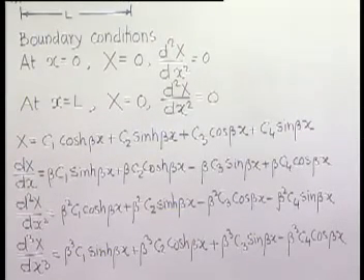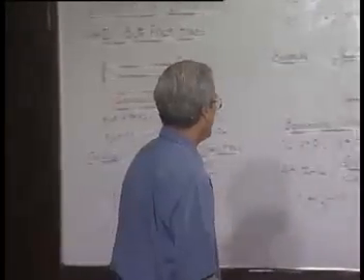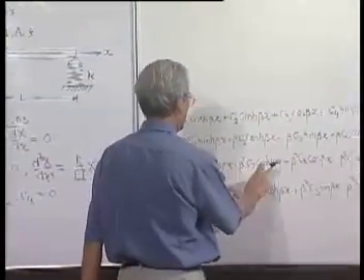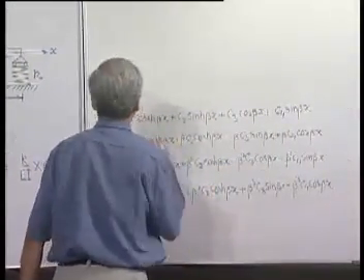If we do that, we will get a somewhat complicated equation. So if we now use the third condition, that means here at x is equal to L, this is equal to 0.